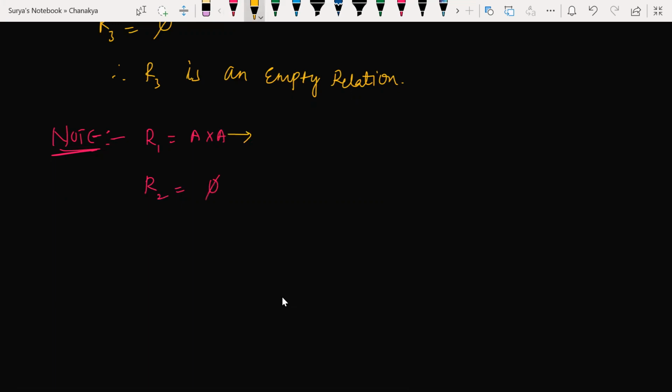R1 is a universal relation, in fact. A cross A is nothing but, if you are getting any relation equal to the Cartesian product, such type of relations are universal relations. Then this is an empty relation.